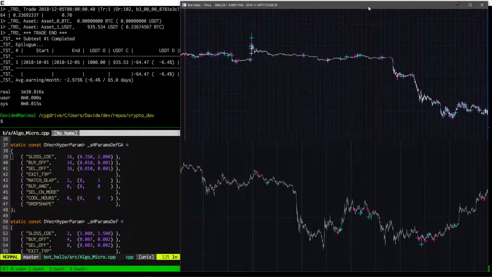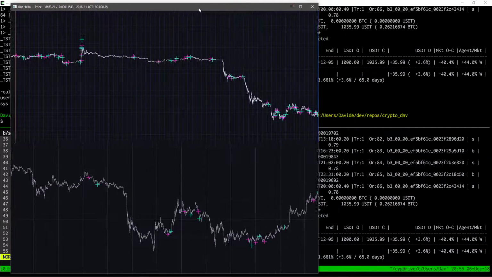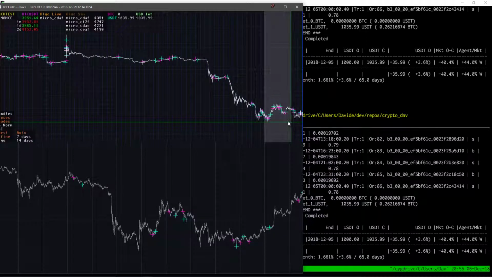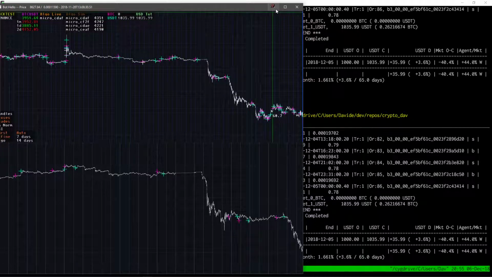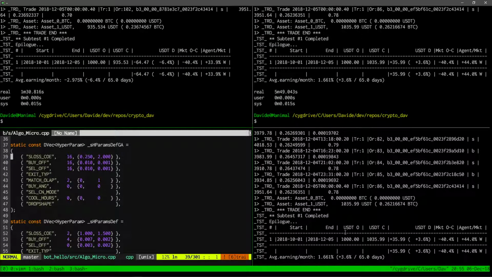So we're now at the end of the actual testing, and we can see several of the trades, and most importantly we can see here on the bottom right that we indeed reached the conclusion of beating the market by 44%.